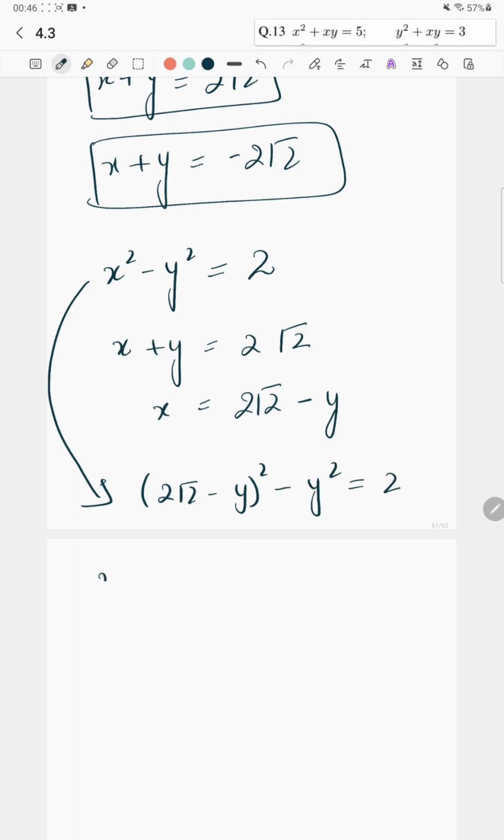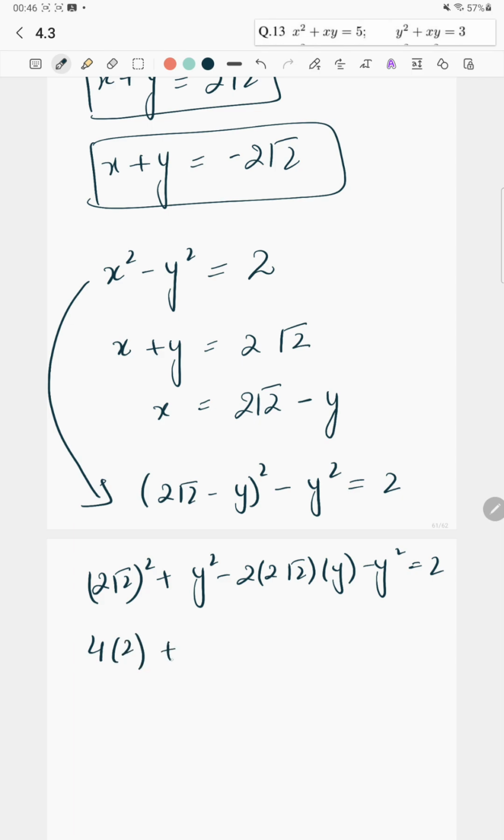So using a minus b whole square, a square plus b square minus 2ab, minus y square is equal to 2. So 4 into 2 plus y square minus 4 square root 2 y minus y square minus 2 is equal to 0.